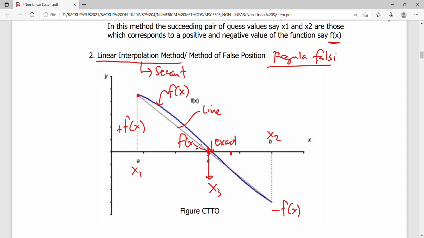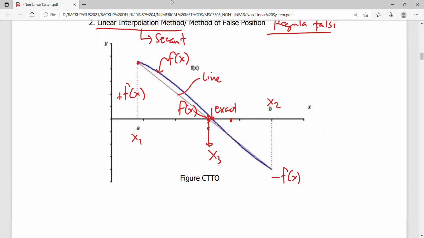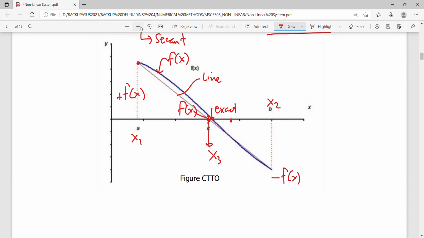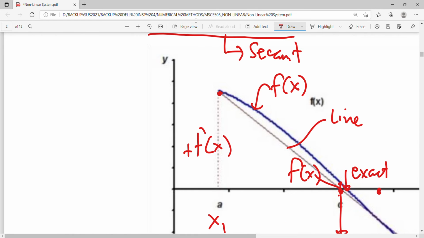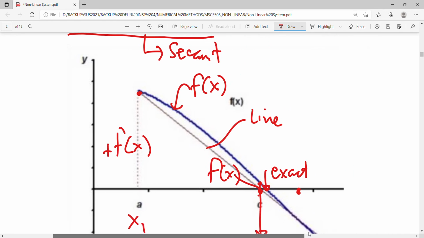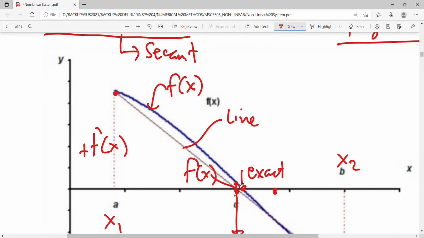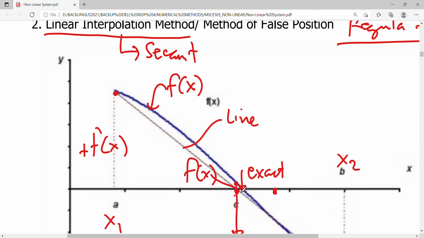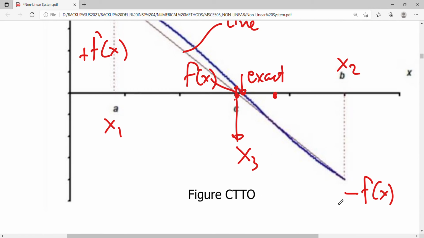So if this is a positive f of x, you pair it with a negative. So what will happen is you are now capturing. If I extend a secant line or an interpolation line from this point up to the x2 point there, almost I will capture the exact value. So that's how it works.